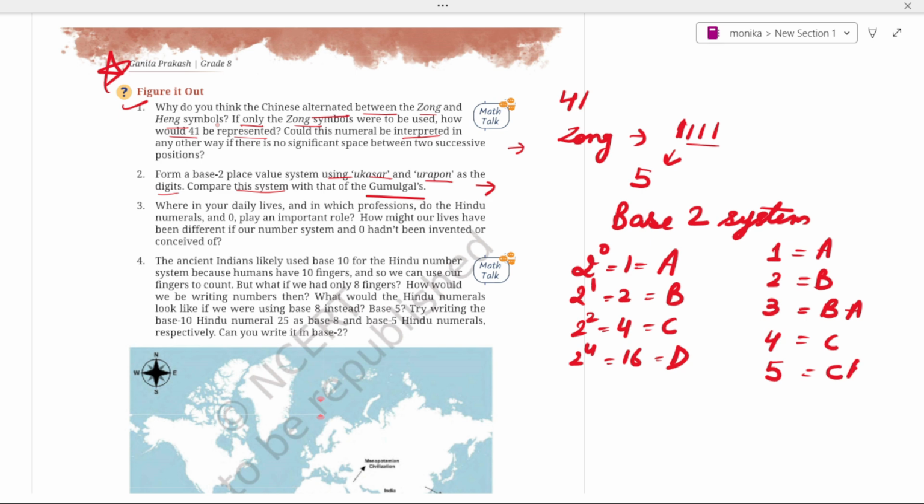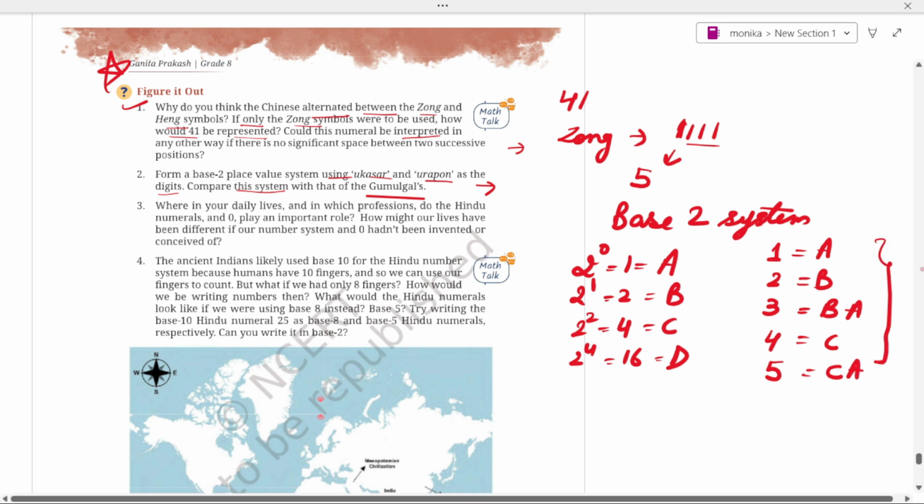And now I'm using Ukasar and Urapan here. So for Ukasar and Urapan, how do we present them? See here. Number 1 is Urapan. Number 2 is Ukasar. 3 is Ukasar Urapan. 4 is Ukasar Ukasar. 5 is Ukasar Ukasar Urapan. This is what is differentiating here.